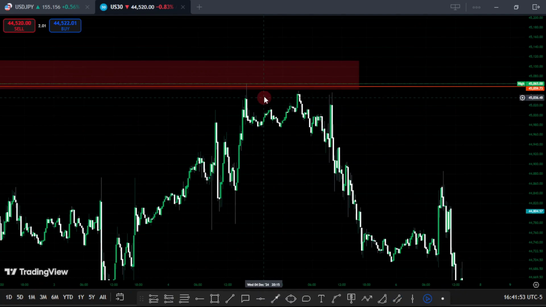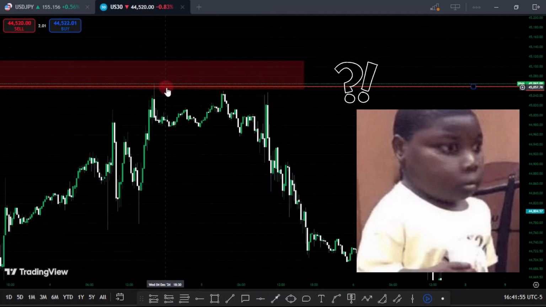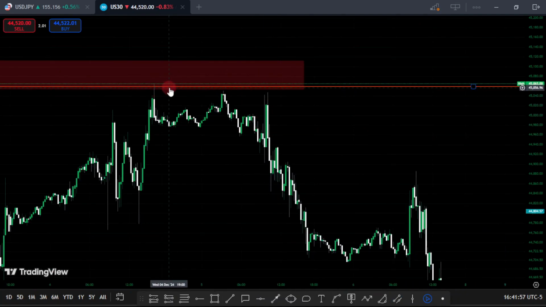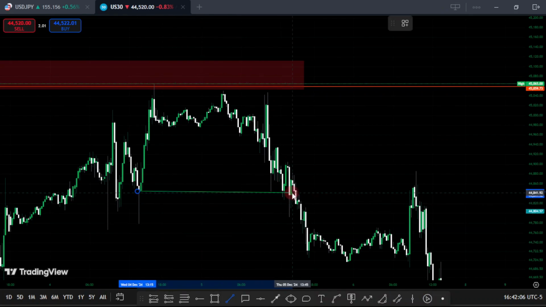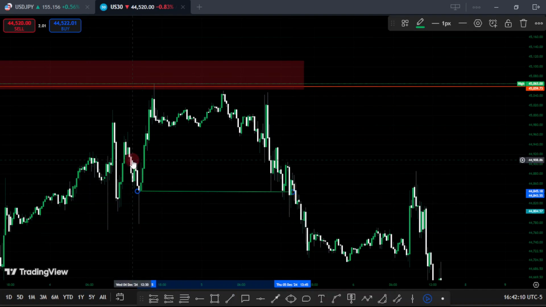Price taps into the resistance level, and then the next thing price does is it gives us a liquidity sweep at the resistance level, and then it breaks the low. This was the higher low in a bullish market structure form.